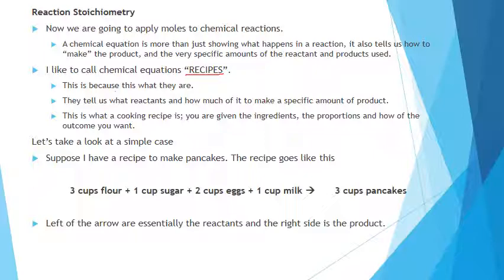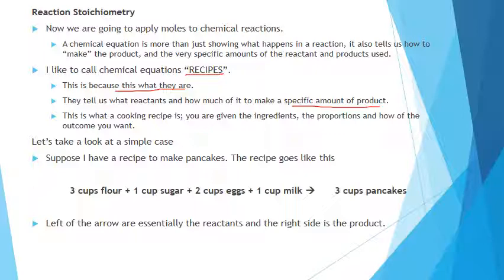This is because this is what they are. They tell us what reactants and how much of them are needed to make a specific amount of product, just like a recipe does. Basically, a chemical equation is a cooking recipe.